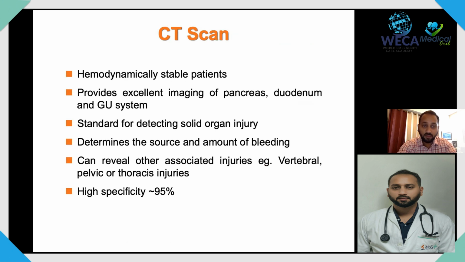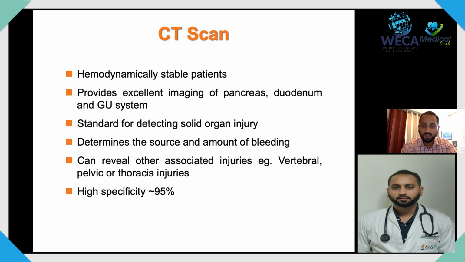Coming to CT scan, first and foremost, it is suitable for patients who are hemodynamically stable. We cannot shift an unstable patient in shock to CT. It can show solid organ injury with a specificity of around 95%. It helps us determine the source and the amount of bleeding, and it can reveal other associated injuries like vertebral, pelvic, or thoracic injuries.